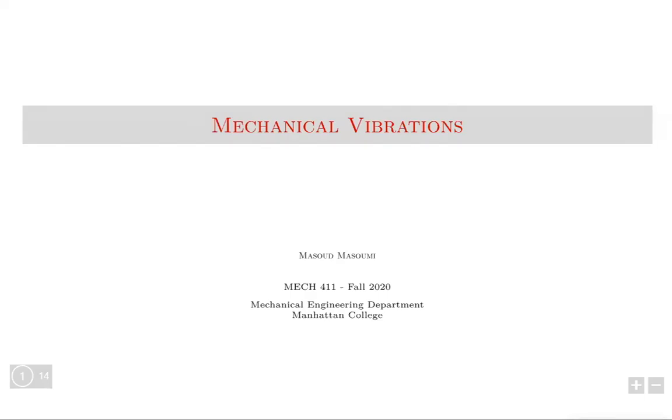Now, if I provide a constant source of energy, whether it's in the form of some applied force supplied to the system, or some kind of imposed displacement, where I say I want the system to be displaced following this specific pattern, then we have forced vibration, as opposed to what we had before, which was called free vibration. Free vibration means no external force was applied to the system. Only initial conditions were given.